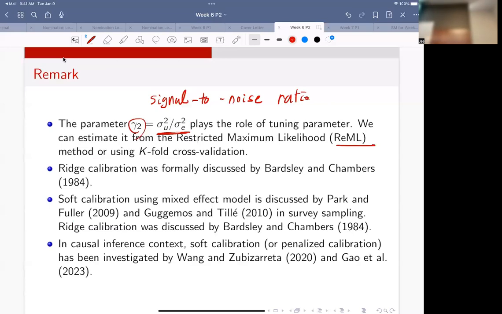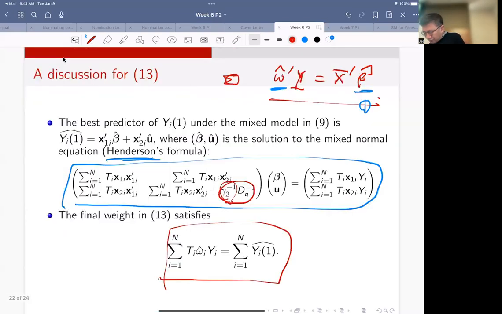Another way is using k-fold cross validation. So how can we use k-fold cross validation? The idea is that, at the end of the day, this will create a prediction in terms of the tuning parameter. So your prediction is a function of the tuning parameter gamma 2.